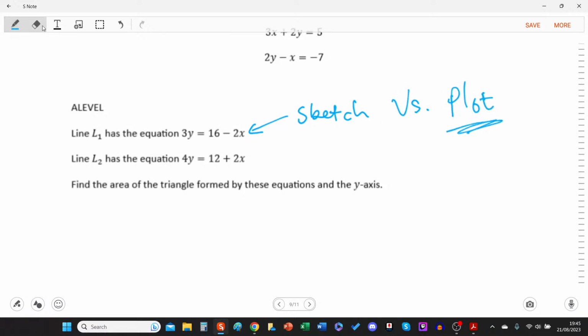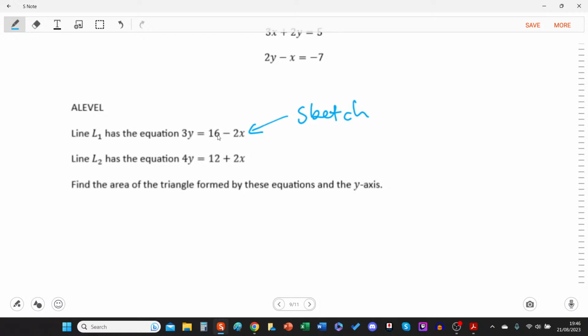It's where you draw something, maybe you draw a table to give you some coordinates, but you draw it so accurately and you define the axes. Sketching is like the new norm. I don't really think they ever ask you to plot something at A-level. Sketching is where it's at, okay? So all you need to know for a sketch is where it crosses the axis and a general shape of it. So we're going to do a little bit of sketching here.